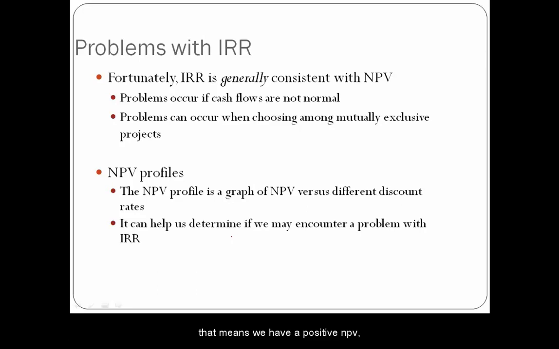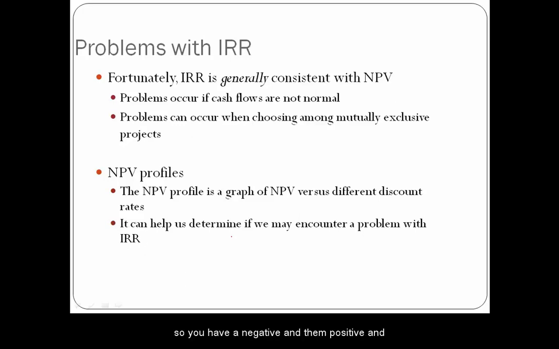That means when you have a positive NPV, at the same time, IRR will be greater than its cost of capital. But problems would occur if cash flows are non-normal. Remember at the beginning of this chapter, we mentioned non-normal projects. Non-normal projects are projects that have change of sign in their cash flows more than once. Right?